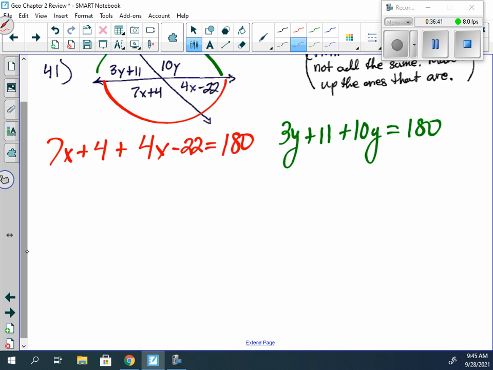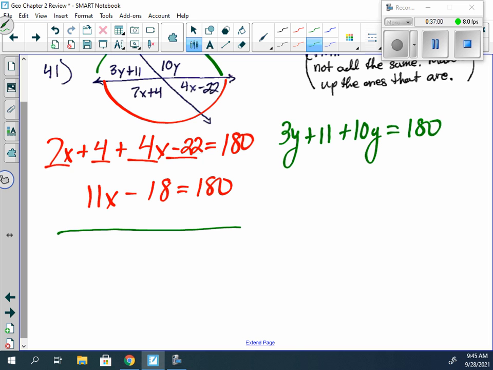So to solve for the value of x, we can combine like terms since they're on the same side of the equal sign. 7x and 4x is 11x. 4 minus 22 would be negative 18, equals 180.